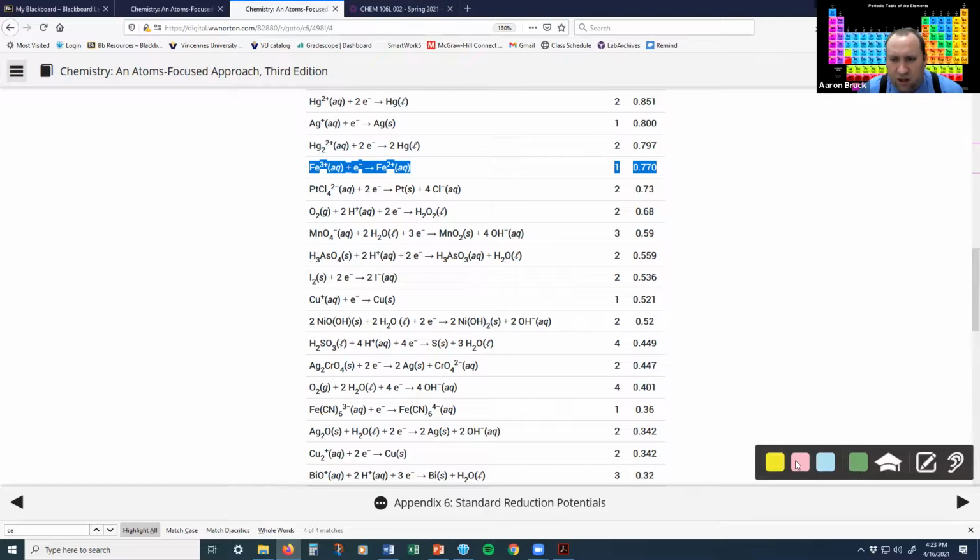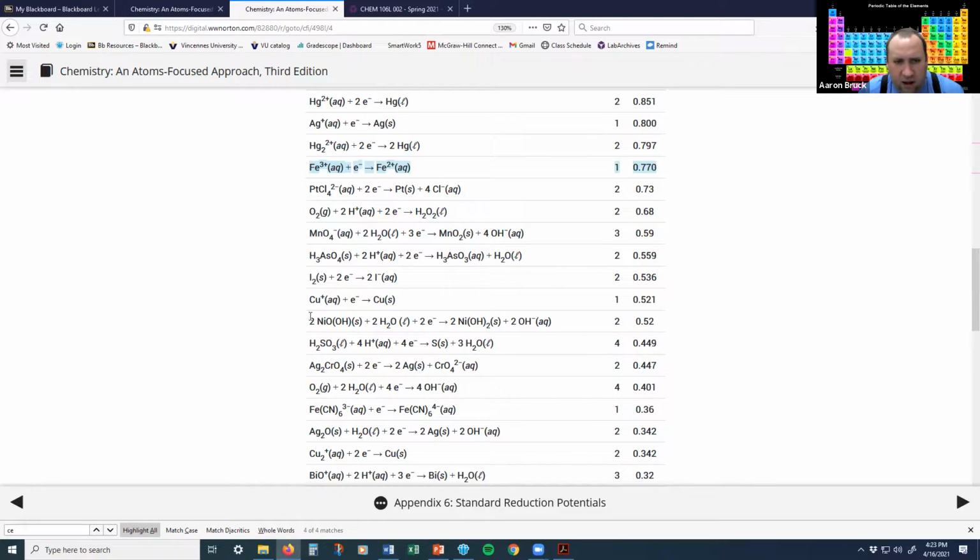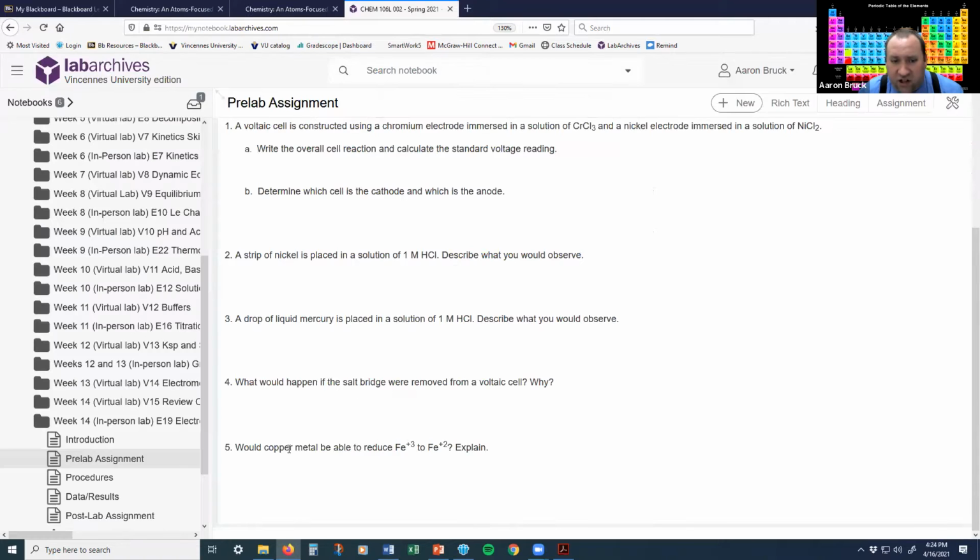Let's put that one in blue. Copper ion is here in green. Which one is the more likely one to be reduced? Does the reduction that fits match the reduction that we're asking you to do? Yes or no? Explain it.